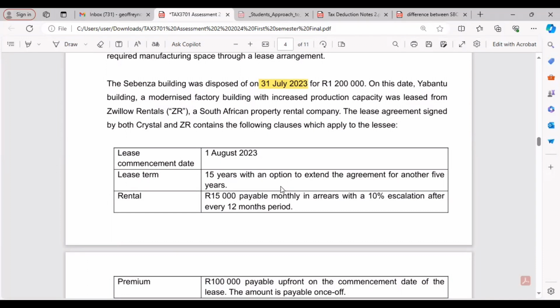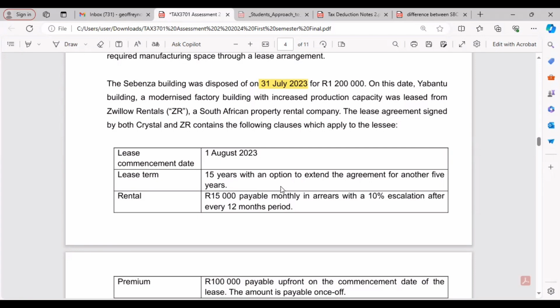When we're excluding, we always start on commencement date. You always disregard when you started or when we signed. So we're going to ignore 1st September. Yes, you're going to ignore when you first started. You always start from commencement. So if a question gives you the date when you started the improvement, ignore it. Always start on commencement date.